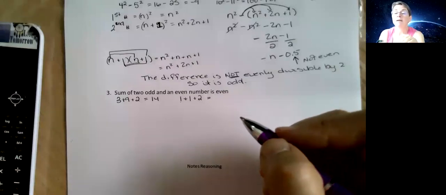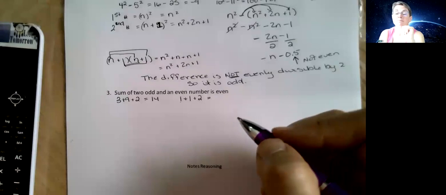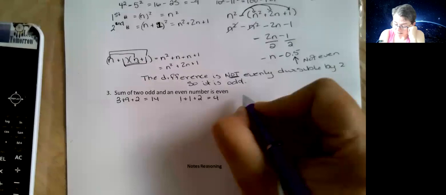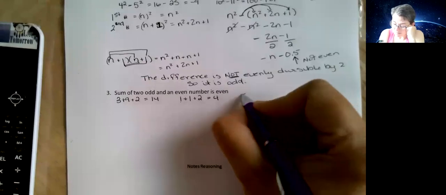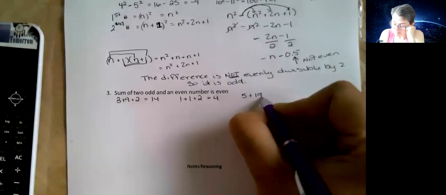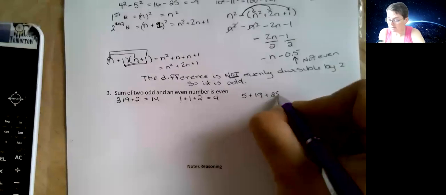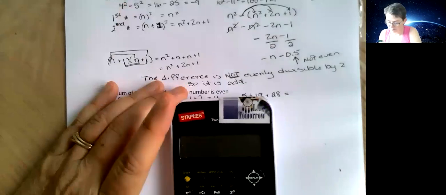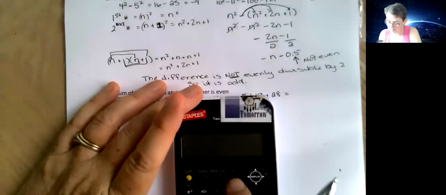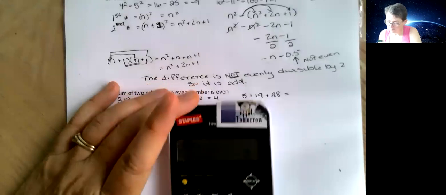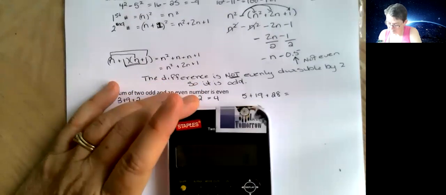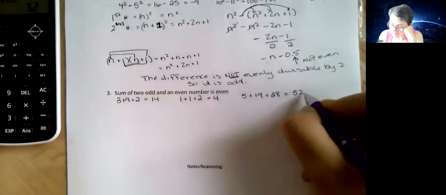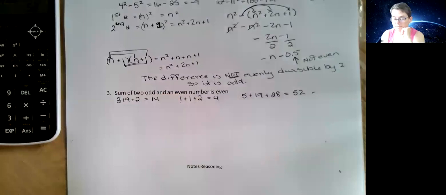I'm going to try and follow the pattern as best I can. 1 and 1, that's 4. 5 plus 19 plus 28 is 52. Okay, so we know this works.